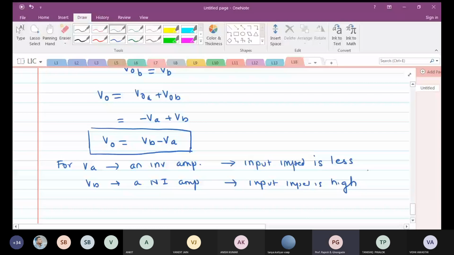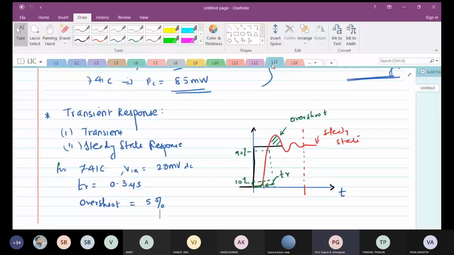Refer to the table that we have already seen. Yes, sir. Let me see if I can go back to that table.